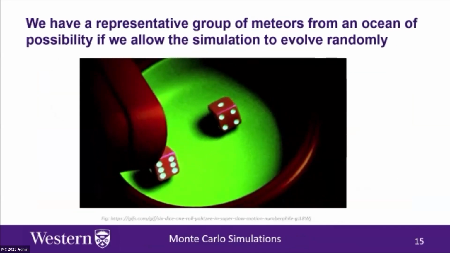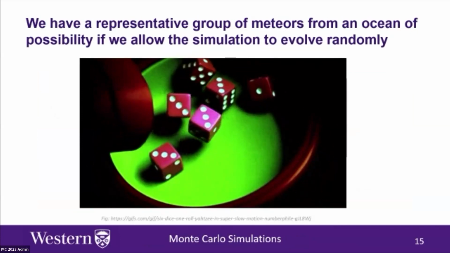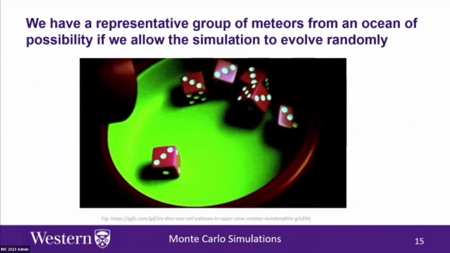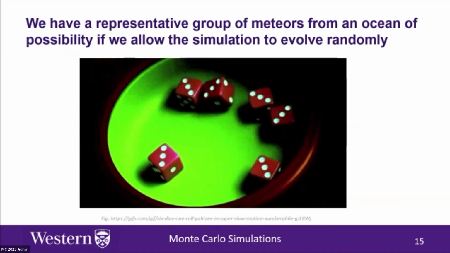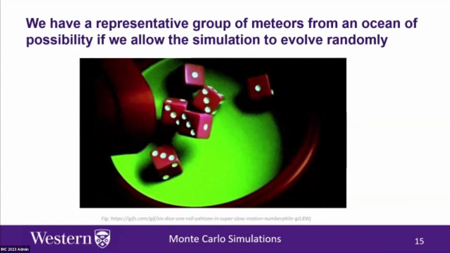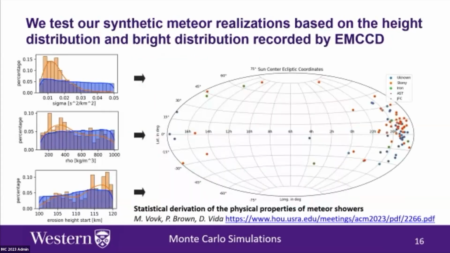So ideally, by just creating a random ensemble of meteors, based on an ocean of possibility, we will definitely at some point find some that might actually be real. And we'll test our results based on the height distribution and brightness distribution of the EMCCD cameras that are daily recording these sorts of things.